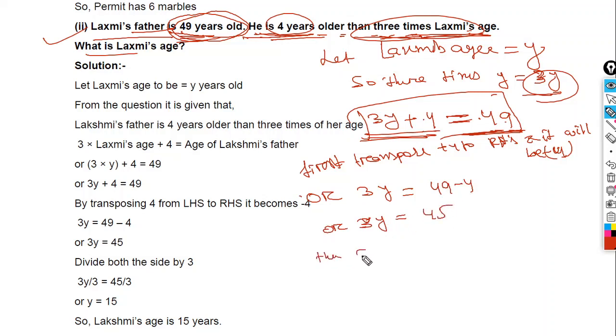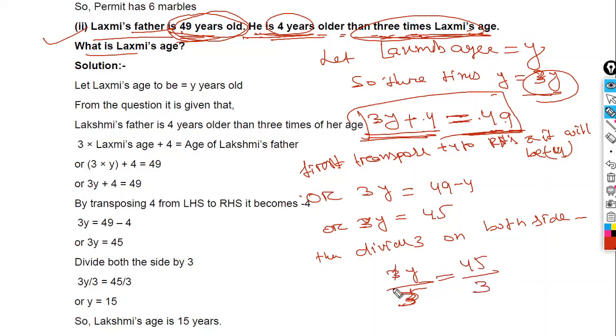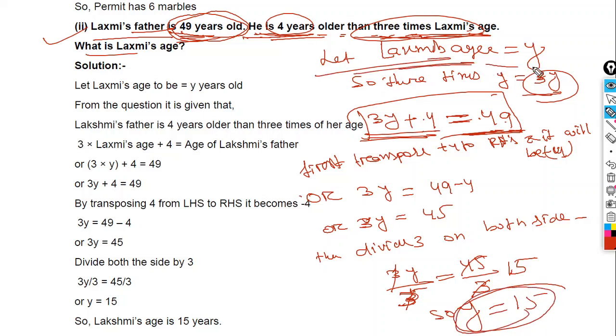Then divide by 3 on both sides of the equation. 3y by 3 equals 45 by 3. Now you cancel 3, and it will be 15. So y is equal to 15. Who is y? Lakshmi's age we assumed as y, so we got y as 15. So Lakshmi's age is 15.